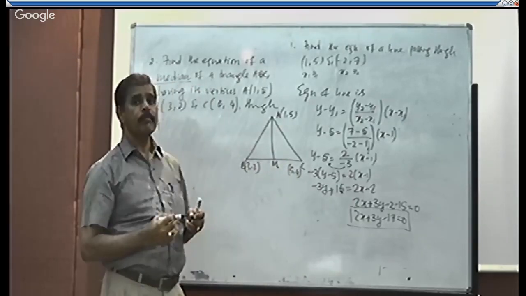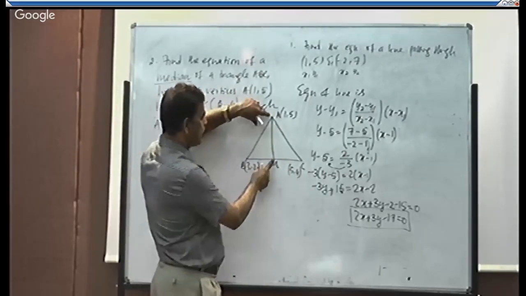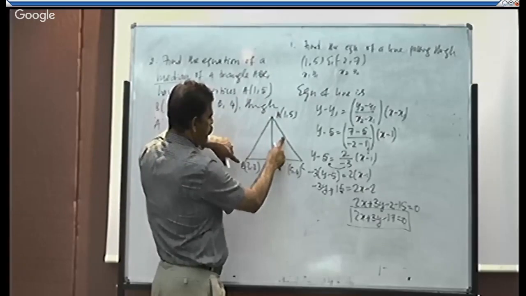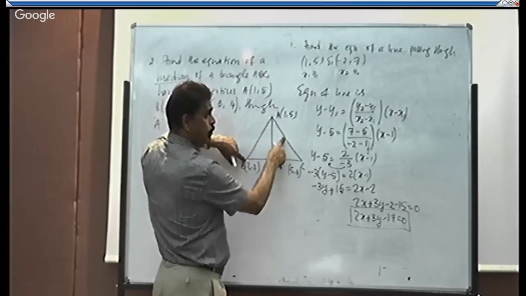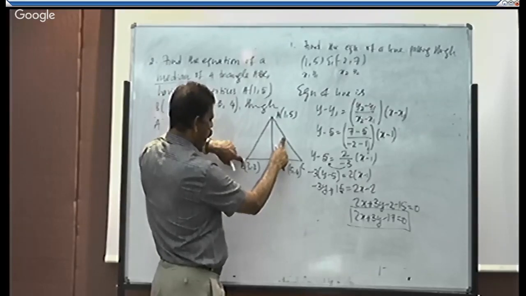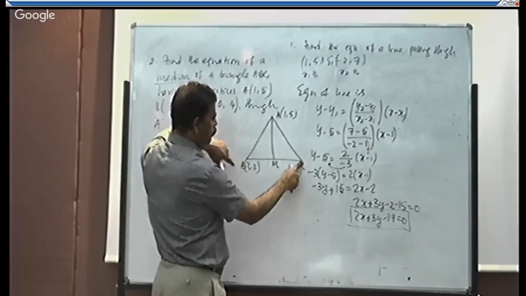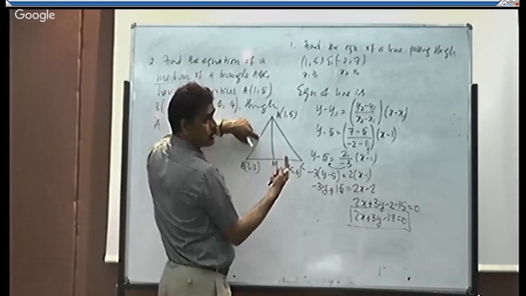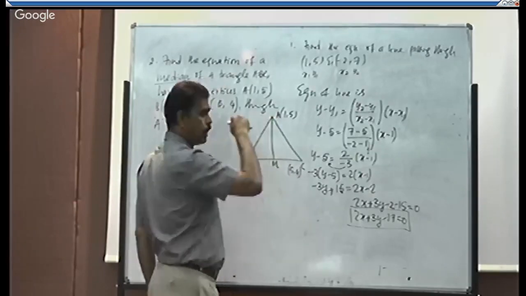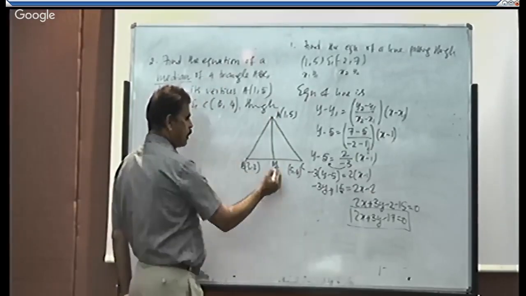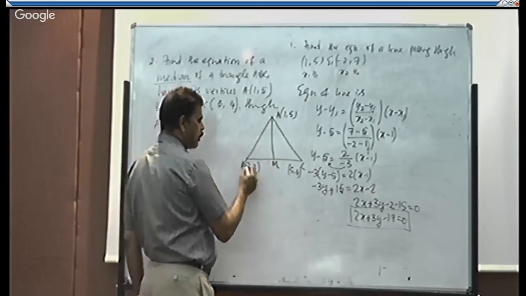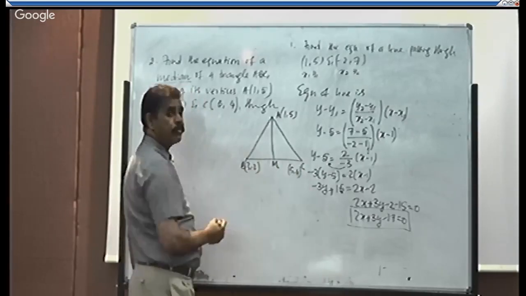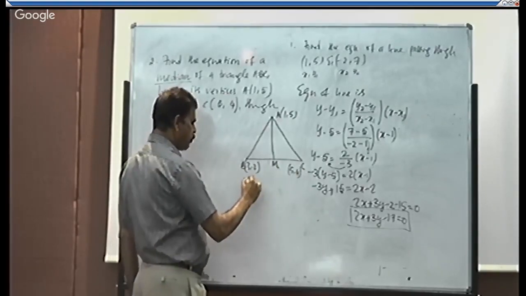M is the midpoint. So this will be called the median. If I join A and this midpoint, this is the median through A. If I draw a median through B or through C, joining the vertex to the midpoint of the opposite side, it becomes the median through B or C. I have a passing point A. I can find M because M is the midpoint of BC.